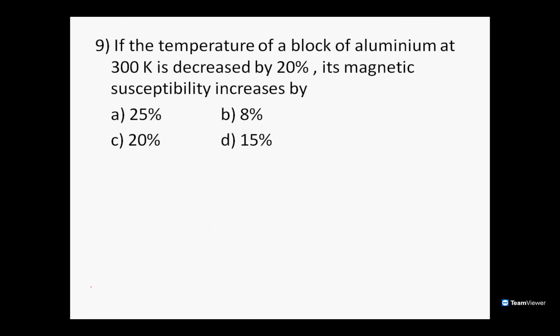Next, 9th question. If the temperature of a block of aluminum at 300 Kelvin is decreased by 20%, its magnetic susceptibility is increased by how much? In the question itself it is given, temperature decreases. As temperature decreases, susceptibility increases.